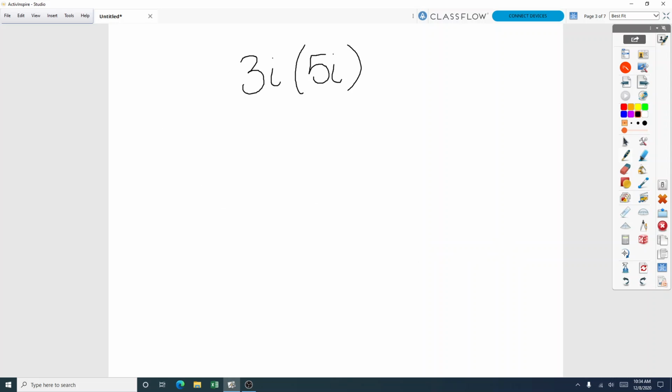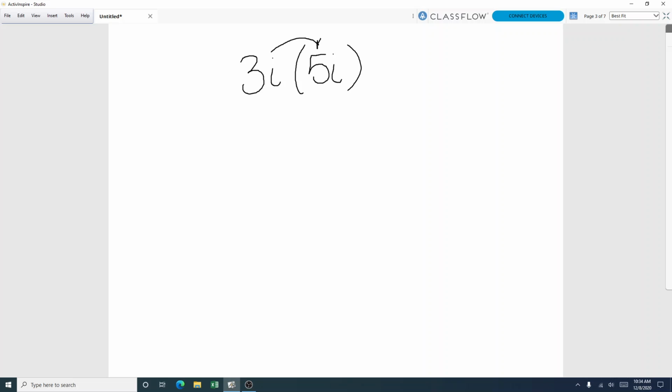All right, so first thing we have is we're going to start simple with something like 3i times 5i, okay? So I just have to distribute these. I have to multiply. What's 3 times 5? 15. What's i times i? i squared. Now, remember, we said that i squared equals what? -1.